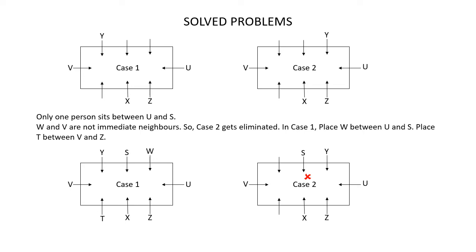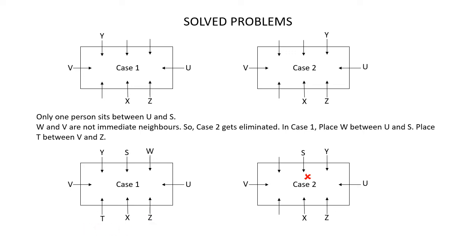But it's given these two vacant positions are for W and T. But it's given W and V are not immediate neighbors. So clearly W cannot sit here. W has to sit here and T has to sit here. So now mark W in this position and T in this position. So the seating arrangement in case 1 looks like this now.